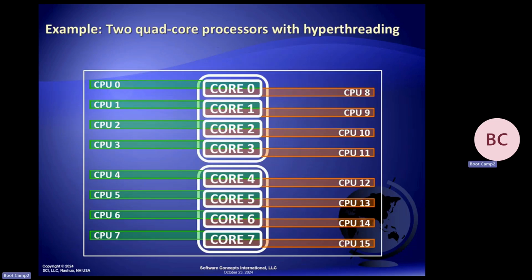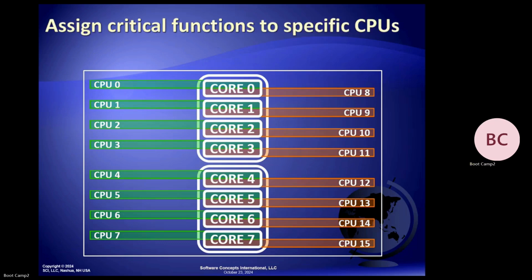All right, so we got an example, 2 quad-core processors with hyperthreading enabled. Let's assign critical functions to specific CPUs. So let's say CPU 0, of course, is the primary CPU in this case. A lock manager, this could be the dedicated CPU lock manager in a standalone system.